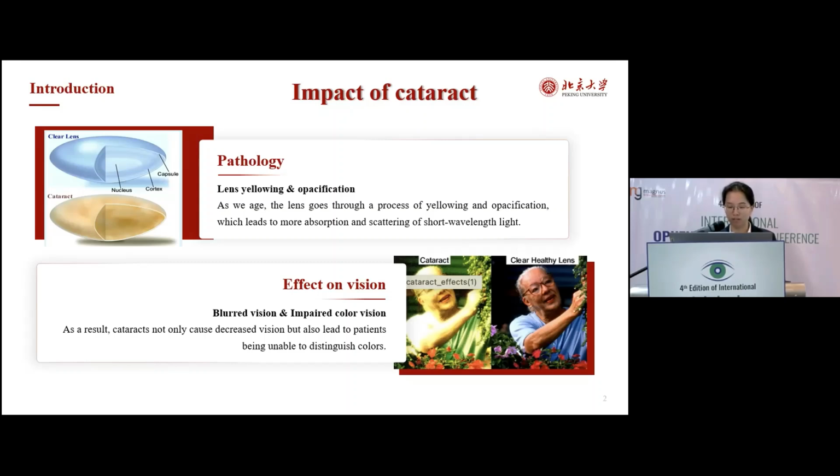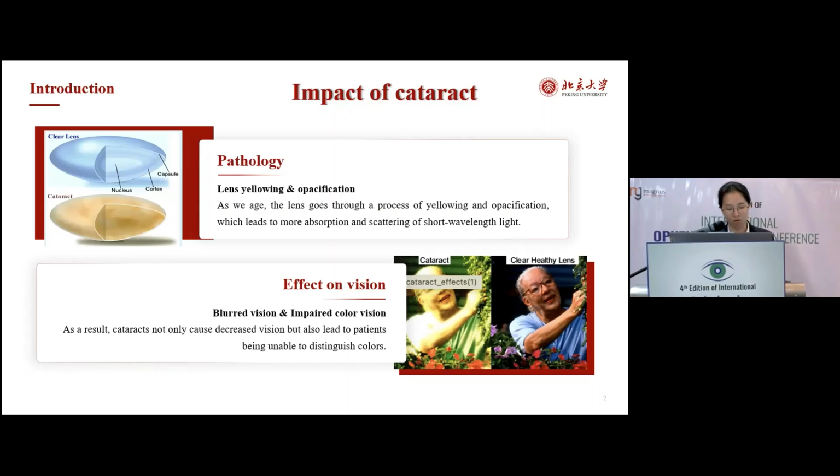As a result, the retina receives a distorted spectral distribution. Short-wave light, which is critical for blue-yellow discrimination, is selectively filtered out. So the patient's color perception becomes compromised, but importantly, this impairment is not uniform across the spectrum. Understanding this spectral selectivity is essential to our investigation.